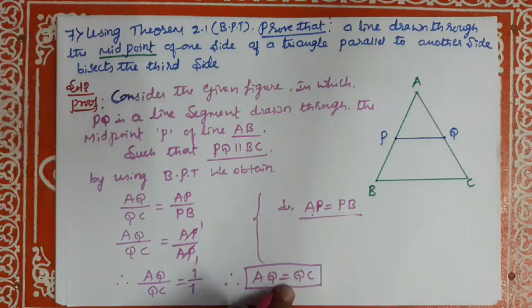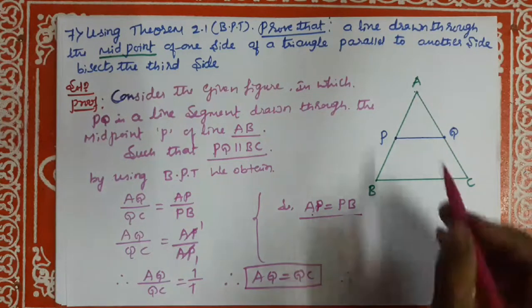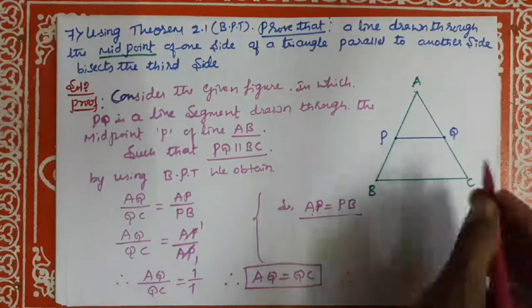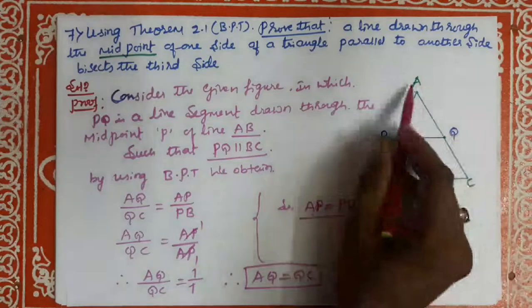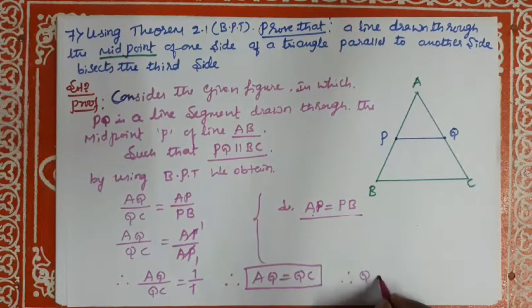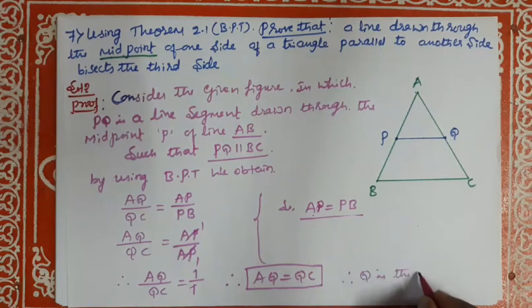If corresponding ratios are equal to each other, then the lines are parallel. Therefore, Q is the midpoint of AC. We needed to prove that Q is the midpoint of AC.